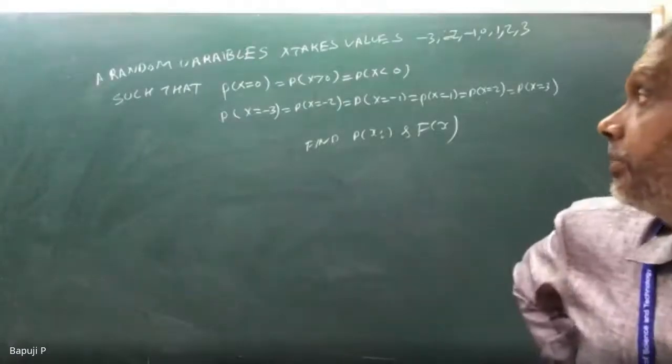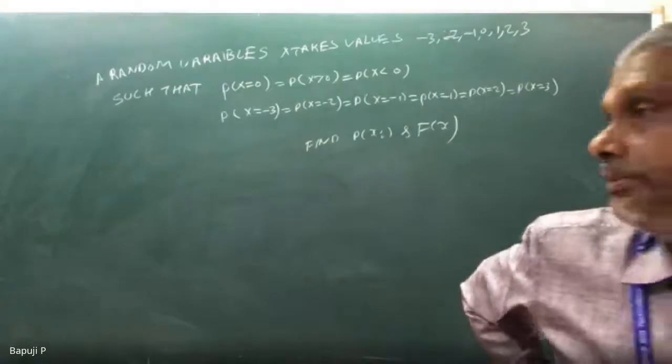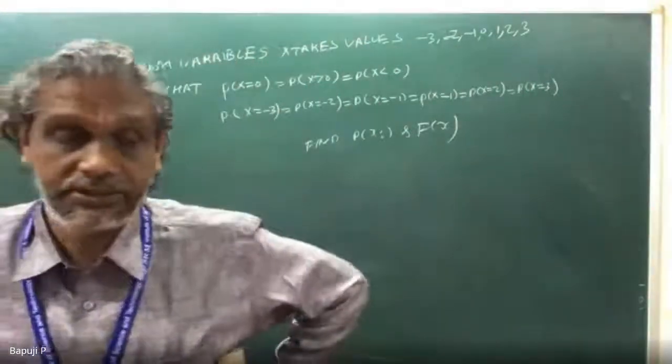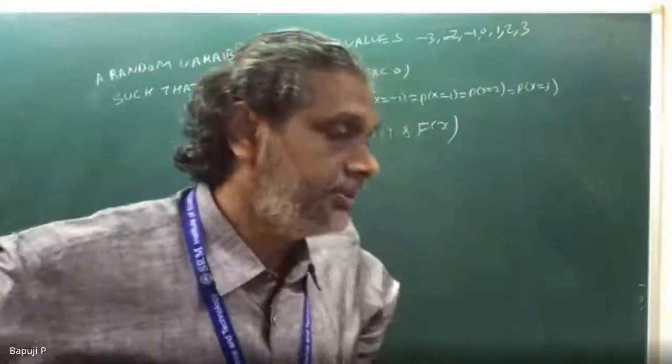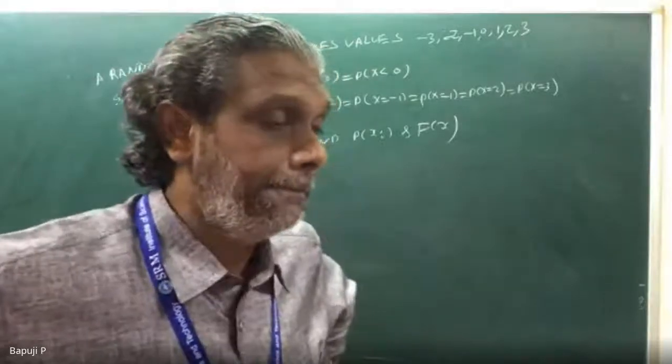First condition is what? Probability x equal to 0, greater than 0, less than 0 is the same. Next conditions: x less than or equal to -3, equal to x less than or equal to -2, equal to x less than or equal to -1, equal to x equal to 1, equal to x equal to 2, equal to x equal to 3. How will you do it?